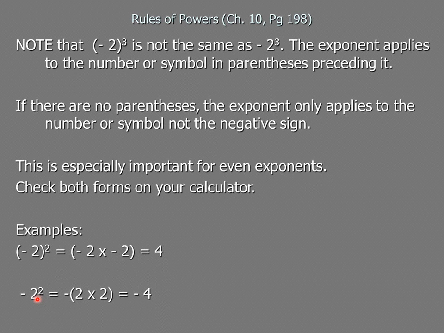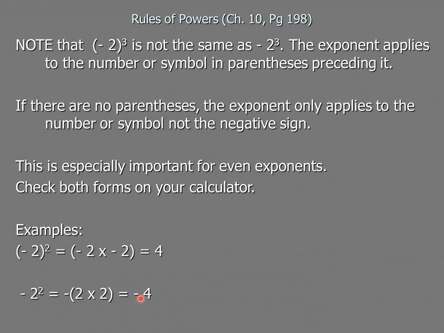In the first one, the square is applied to the negative sign, because you are squaring negative 2. In the second one, you are squaring only 2, not the negative sign, because there is no parenthesis. So you keep the sign outside, and then you multiply 2 times 2, which is still negative 4. So be careful about that.